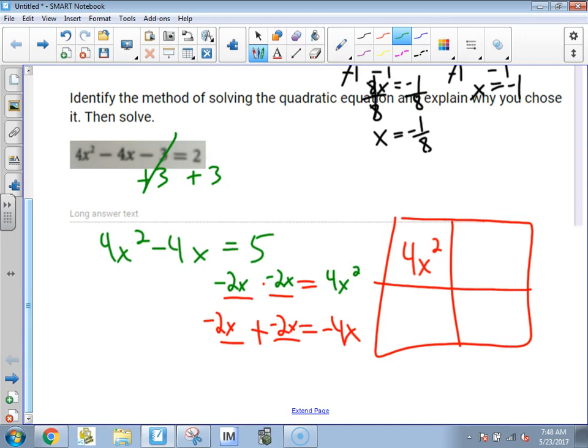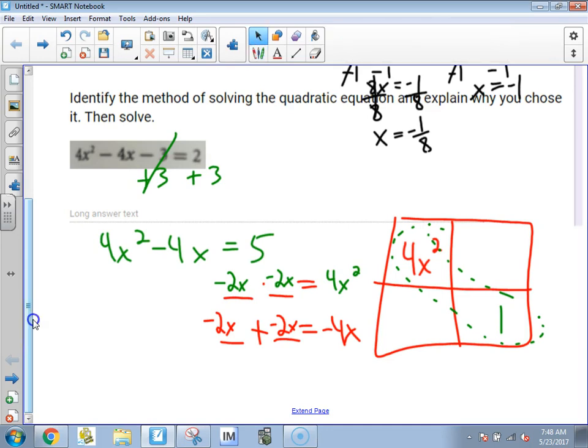And if 4x squared is the multiplication of these two, that means that these two terms need to multiply to 4x squared. Which means this number has to be 1. Good. Okay, now we can start putting things together. We do know that this is negative 2x and this is negative 2x.